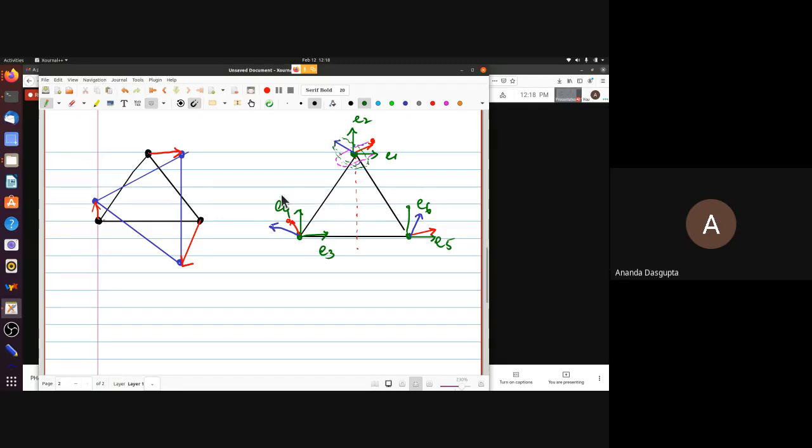But the important thing is, if you were to take the movie of the red ones' displacements and just reflect the movie along this line, the movie that you will get is exactly the movie which the blue ones will trace out. Right? Is that okay?